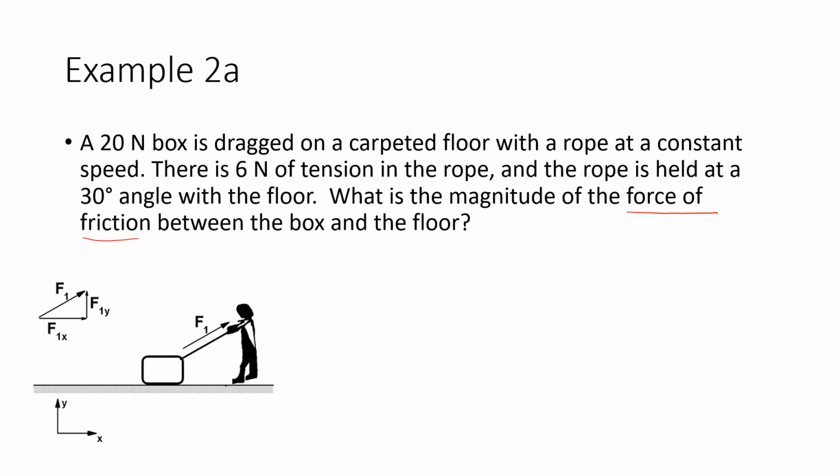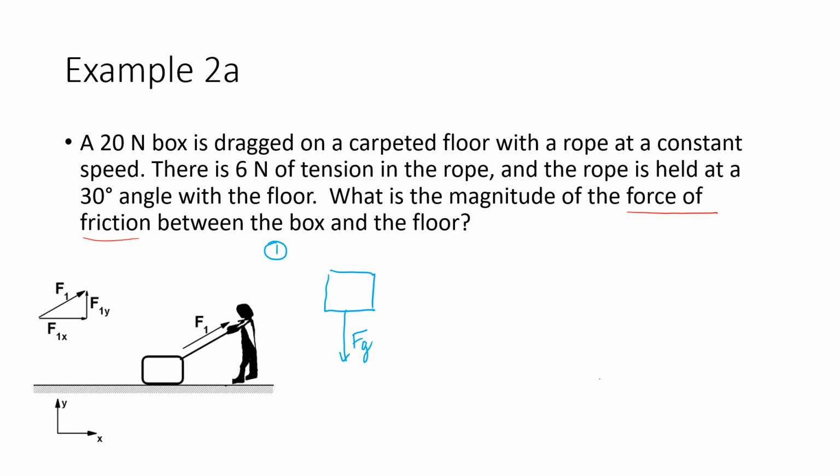Even though we've got some angles, we still do the same 3 steps to start off with. First step, draw the free body diagram. Our free body diagram still has gravity, and gravity still pulls straight down.